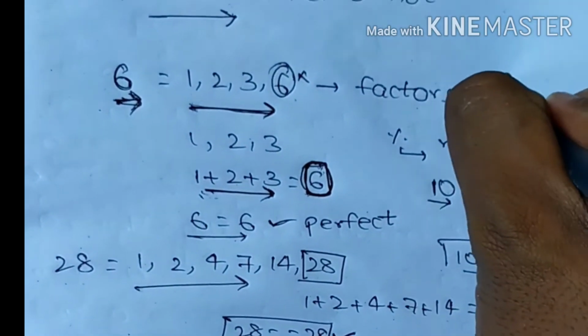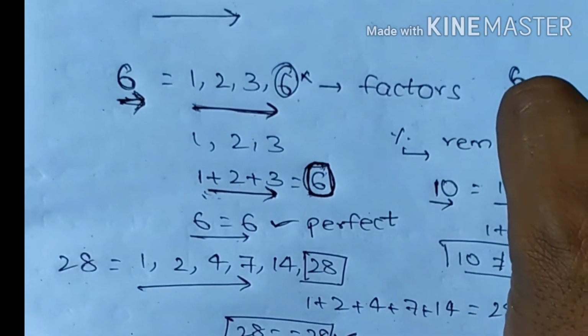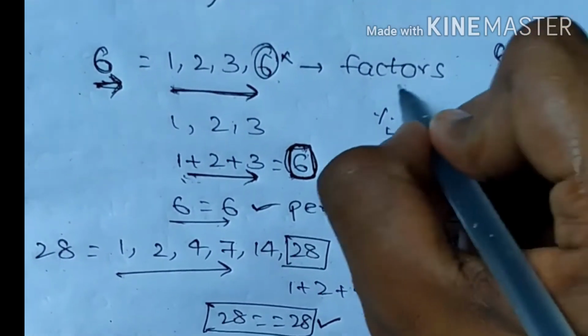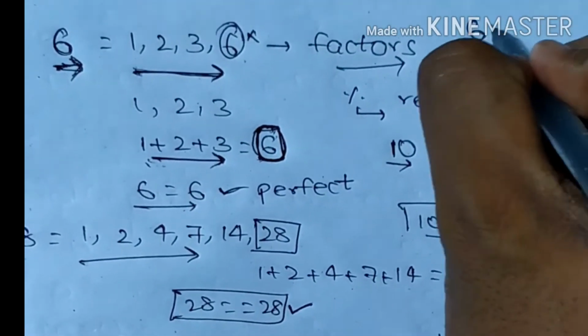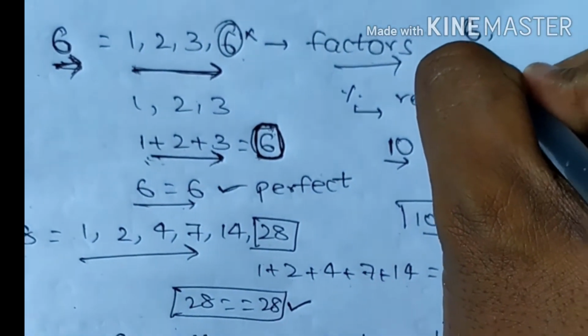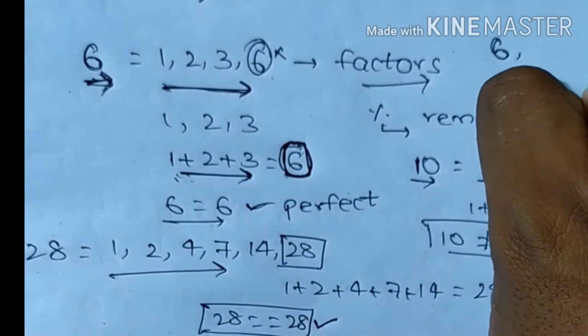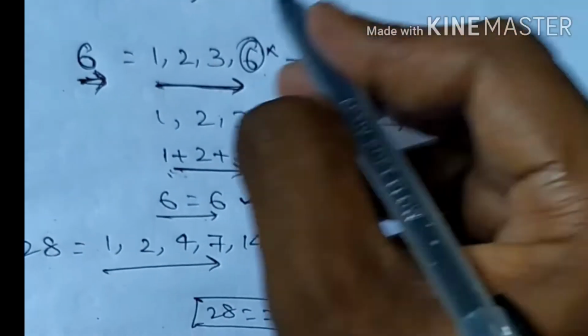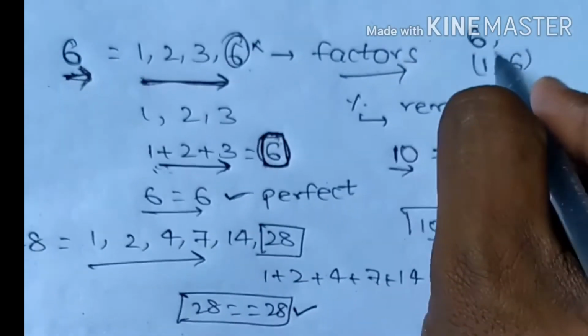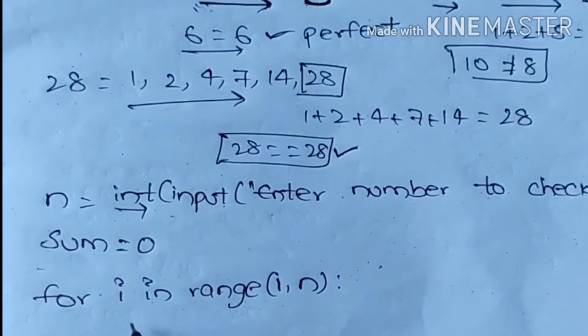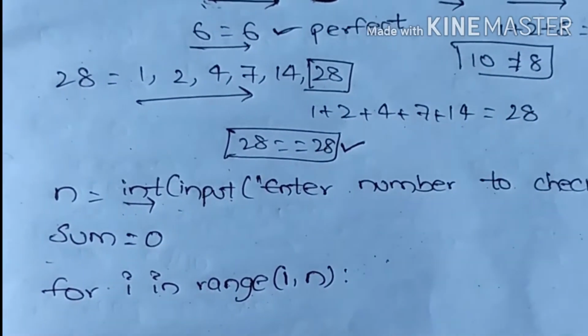Here if we consider the example of 6, first we have to know the factors. The numbers which will divide the 6 are called factors, right? So from 1 to that number, that means 6, we have to check which numbers will divide the 6. So I have given here for i in range 1 comma n.